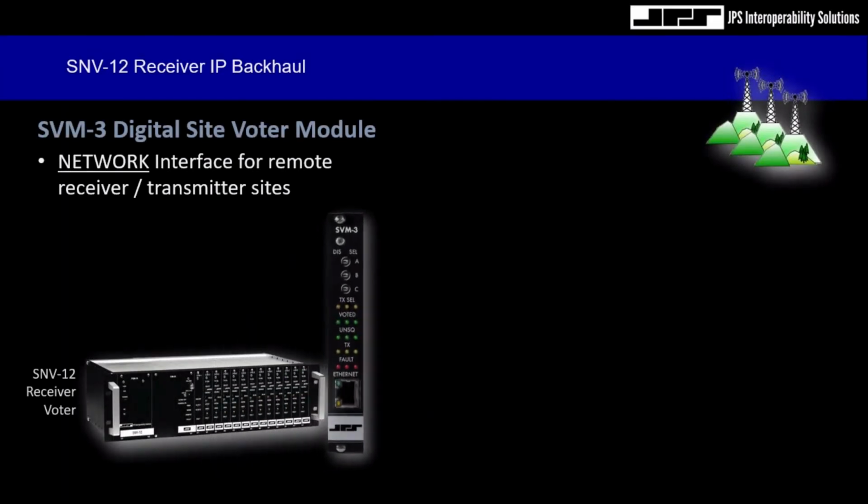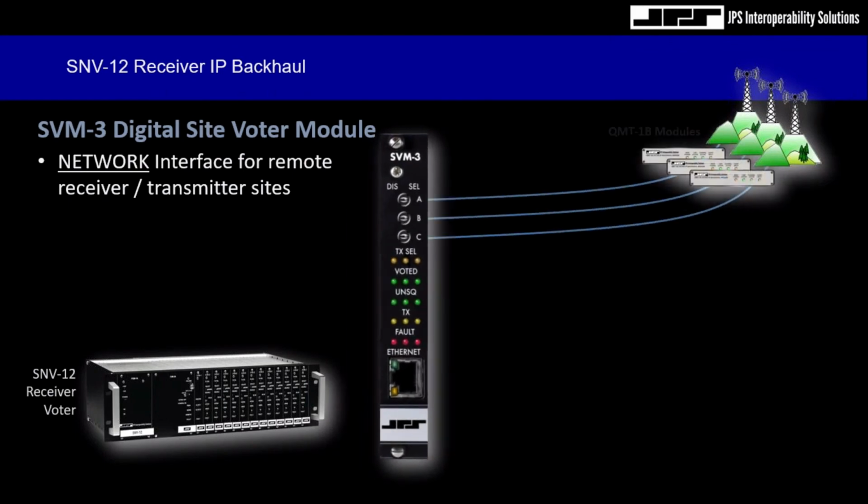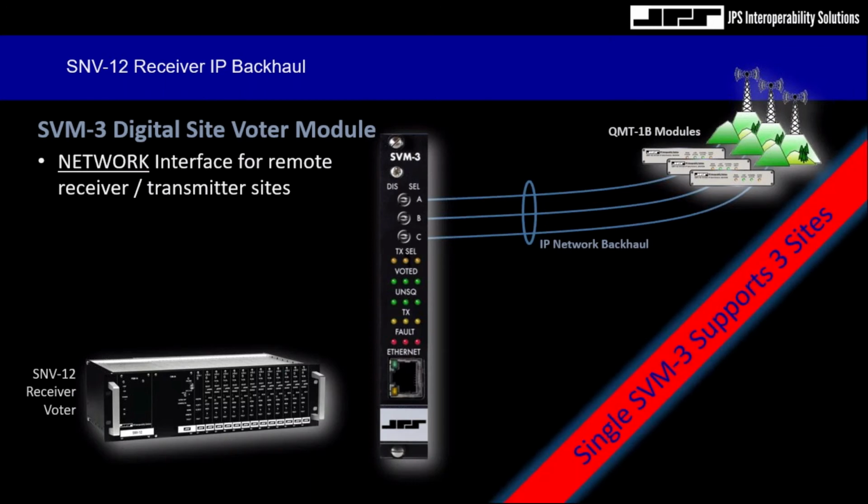This is the SVM3 digital site voter module. It also slides into the SNV12 chassis. A couple things you might notice is that there is an Ethernet port on the faceplate, and you may have also noticed that there are 3 of everything, selector switches and status LEDs. Unlike the analog SVM2, the SVM3 will be able to support 3 receiver transmitter sites, as you can see in the upper right-hand corner.